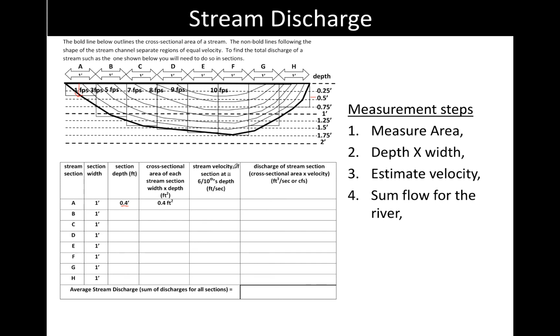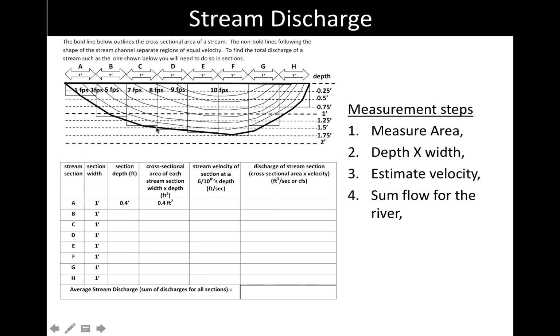Now the next measurement we need is velocity. I could just give you the velocity, or you'd have to go out into a stream and measure it. Instead, what we have are contoured velocities through the stream, and you'll notice they're written here in feet per second. This is 1 foot per second, 3 feet per second, 5 feet per second, 7, 8, 9, and 10.